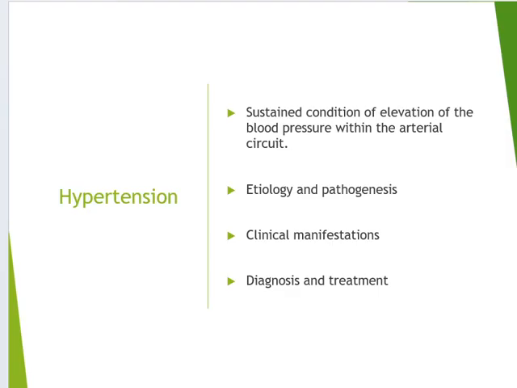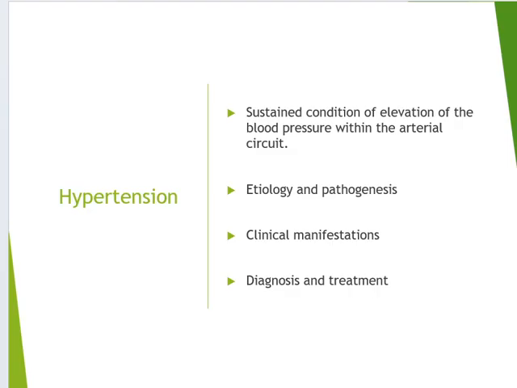So diagnosis and treatment. Diagnosis is based on serial measurements of blood pressure that lie outside of those normal ranges that we'll talk about in a moment. And treatment, we can start with lifestyle changes, maybe adding in exercise and improving diet, maybe stress reduction techniques.